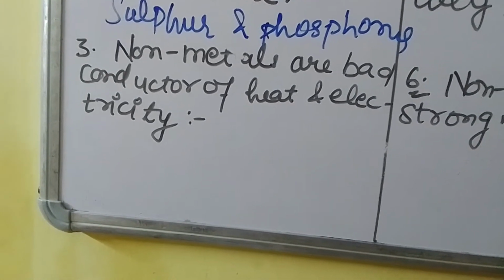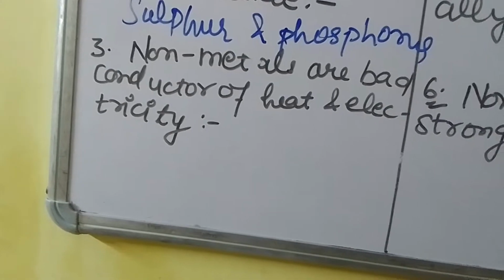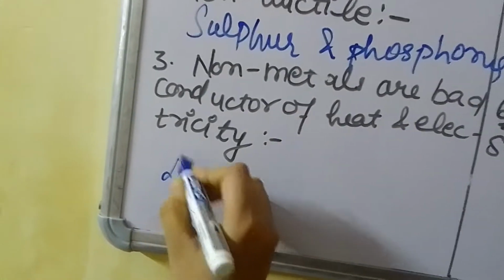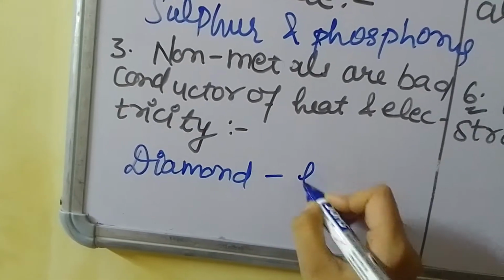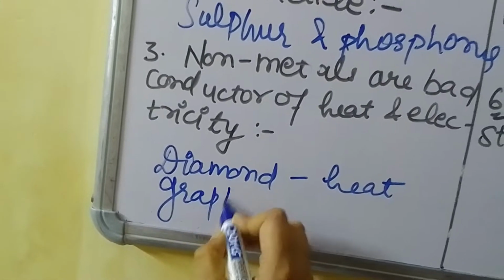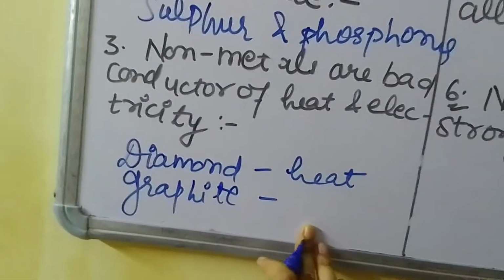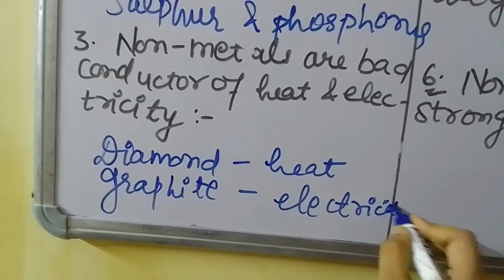But there is an exception, which is diamond. Diamond is a good conductor of heat. And graphite is another exception, a good conductor of electricity.